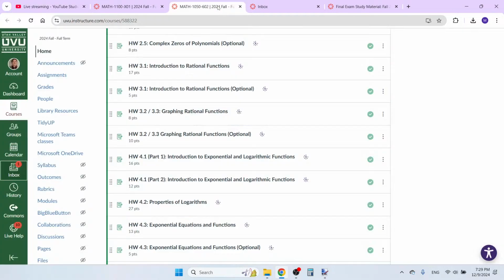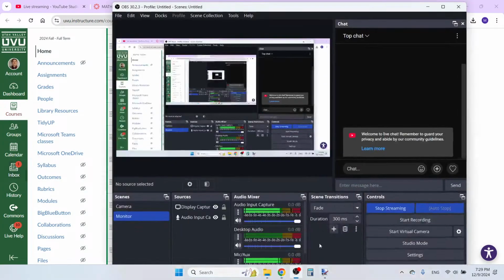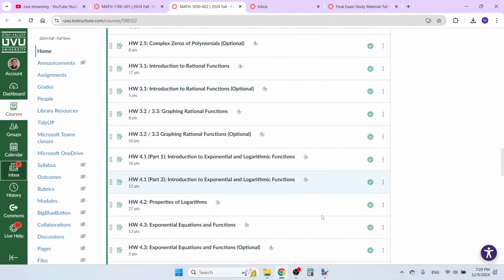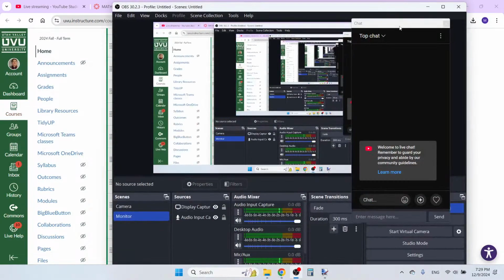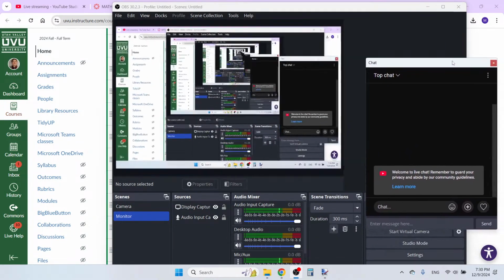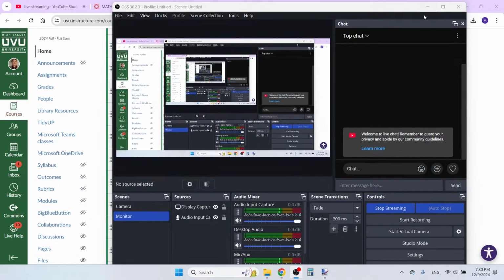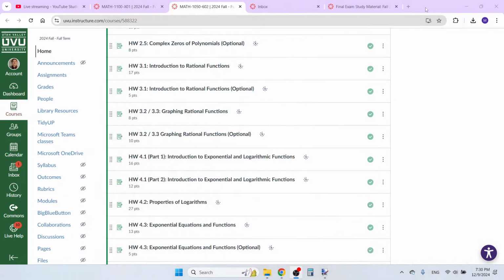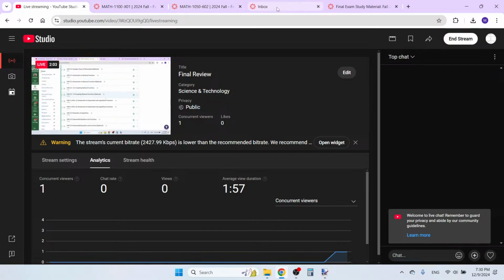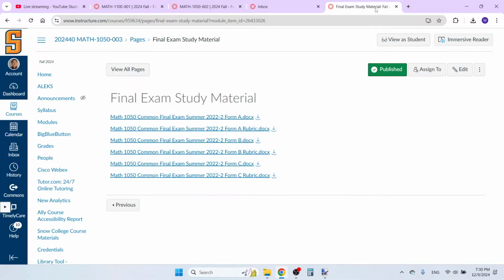So, I guess I should keep this chat window available. Or maybe this chat window available? Or I can just check it every so often. Okay.